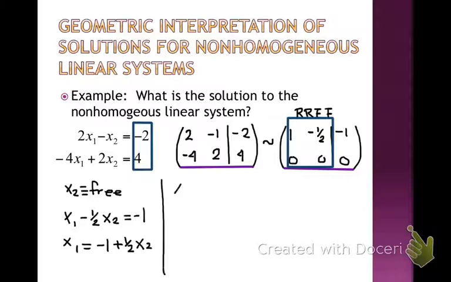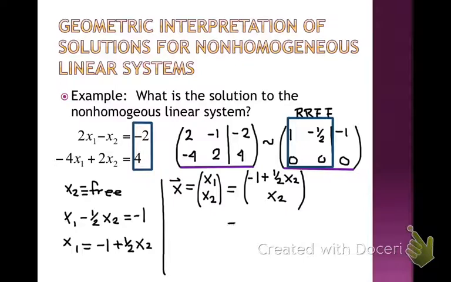So again, we have the vector x containing quantities x1 and x2, and now we're going to replace x1 with the way it is written in terms of x2, which is minus 1 plus 1/2 x2. And of course, x2 is just a free parameter, so we'll leave it in the vector unchanged.